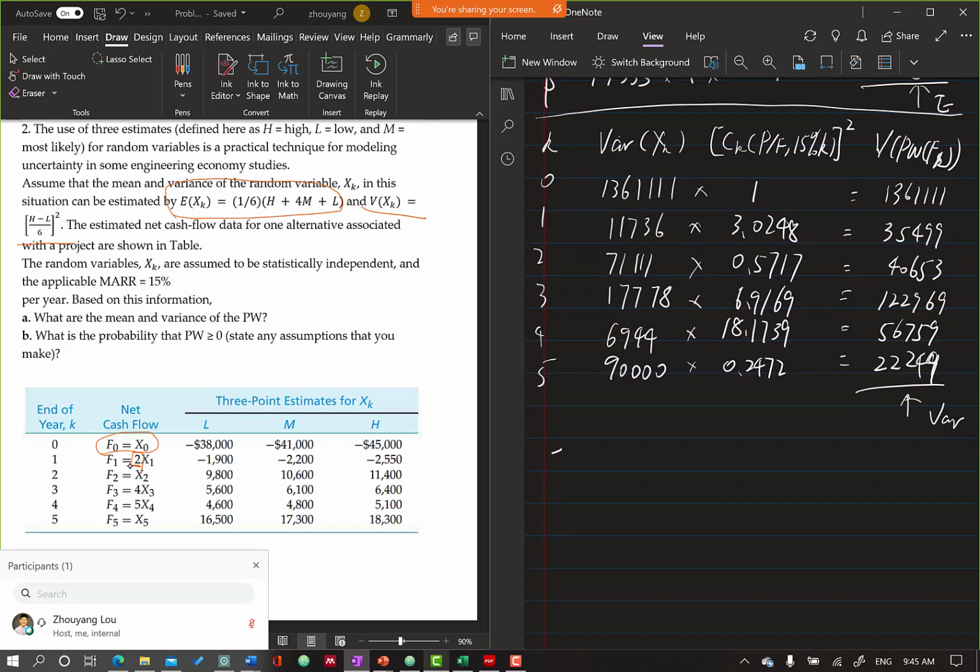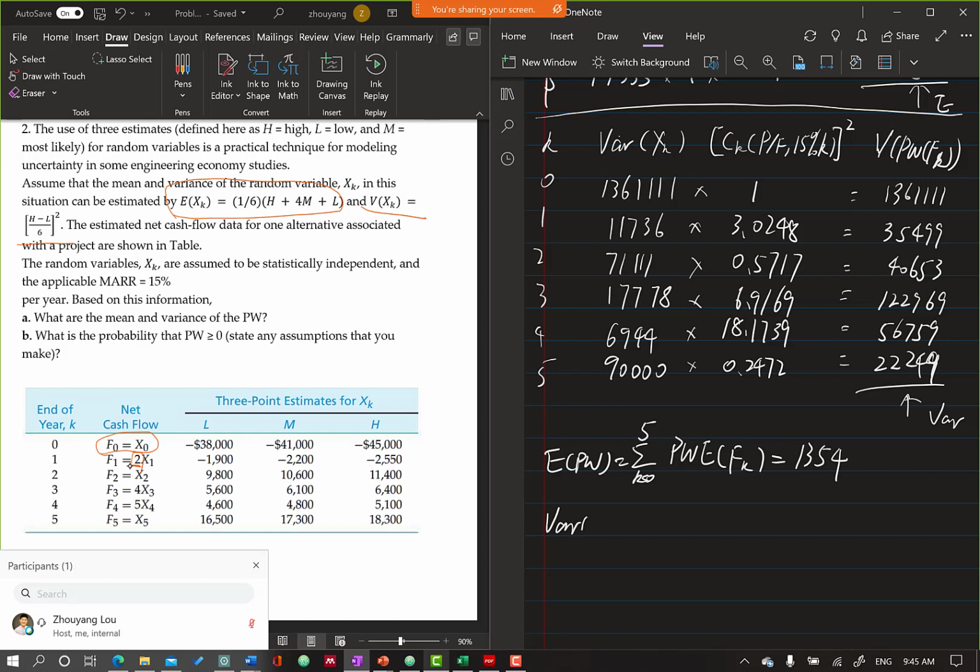So the expectation will be, from k equals year 0 to year 5, we sum up all that we have. That's F0, that's Fk. And we have this 1354.